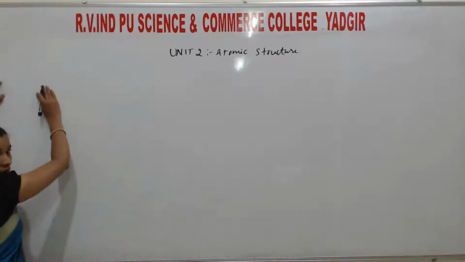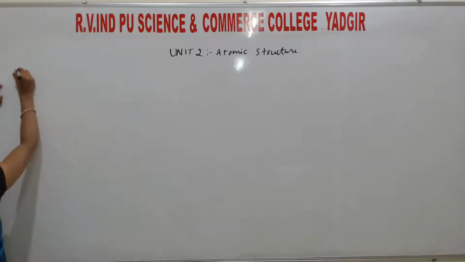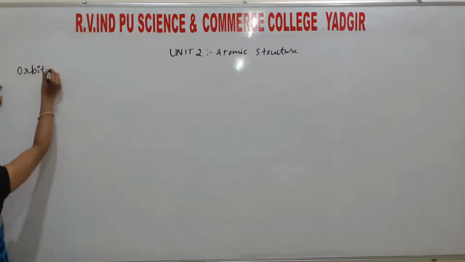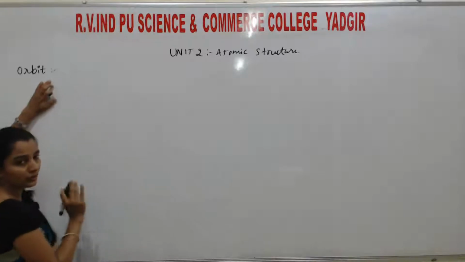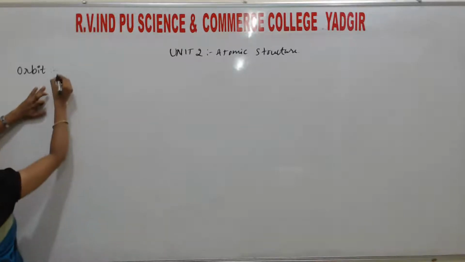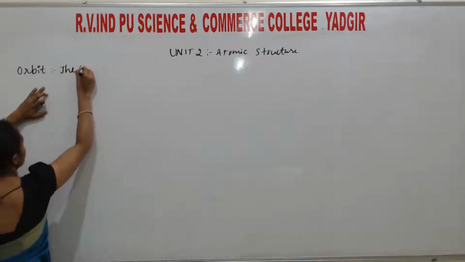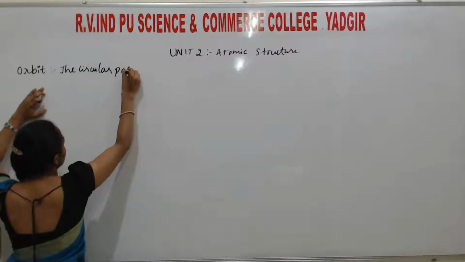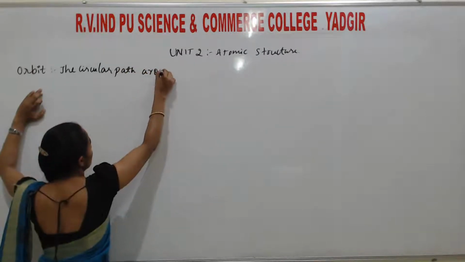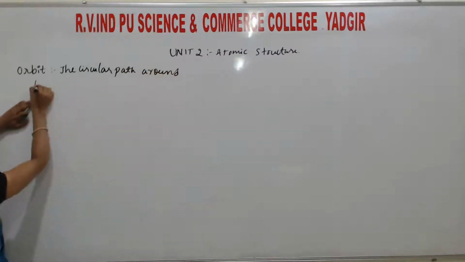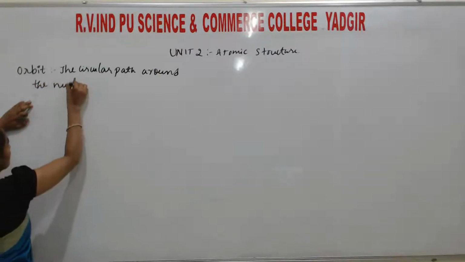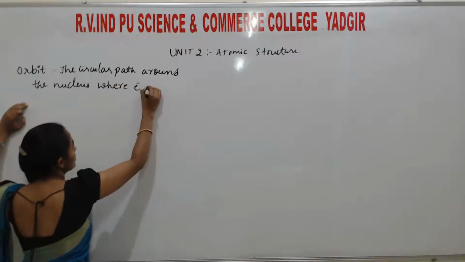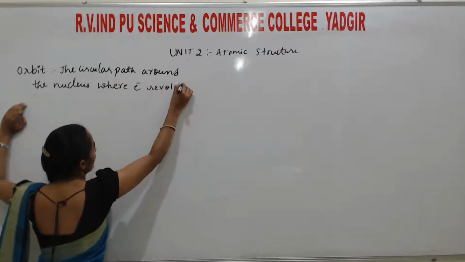Okay, students, I'll write from here. First I will say orbit. Orbit means what? The circular path around the nucleus where electrons revolve.